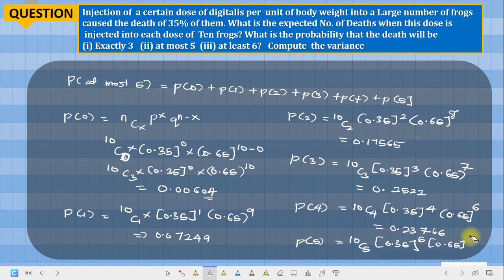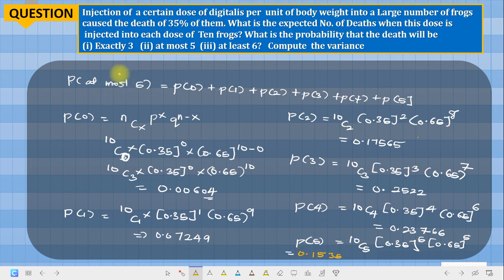So we can erase this and here put 5. And then when you solve this, it's going to give us, let me use a different pen so it will be visible, 0.1535.